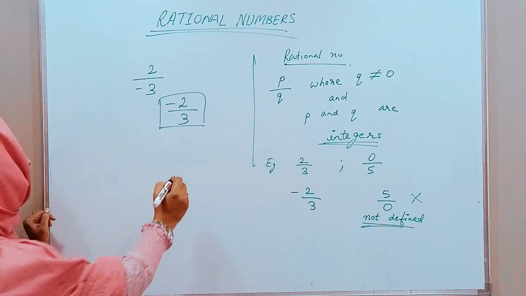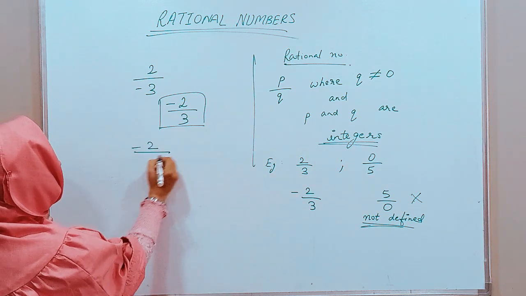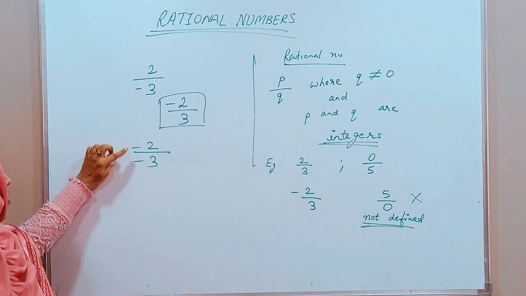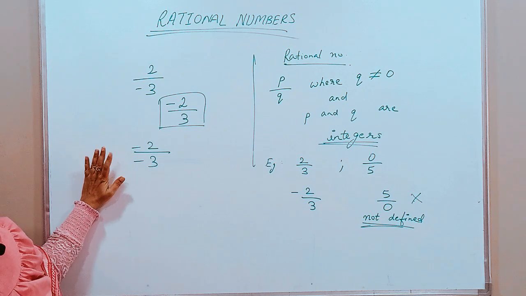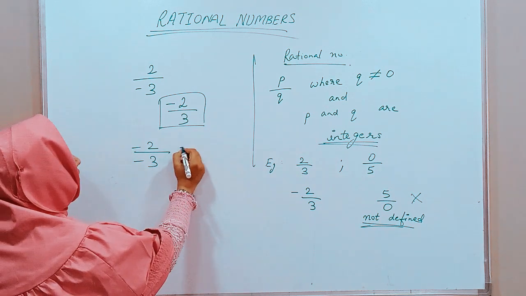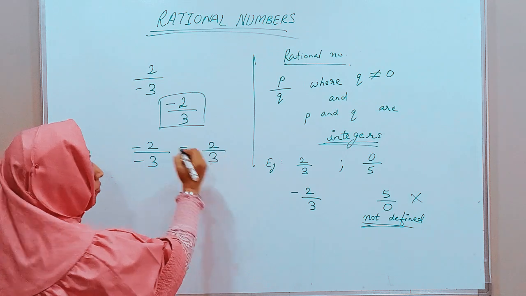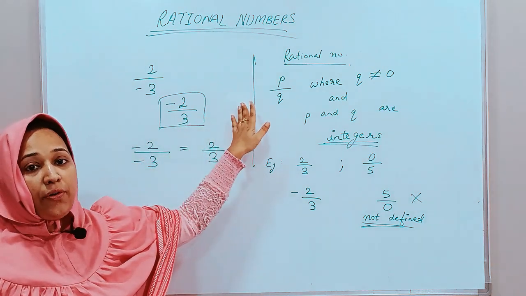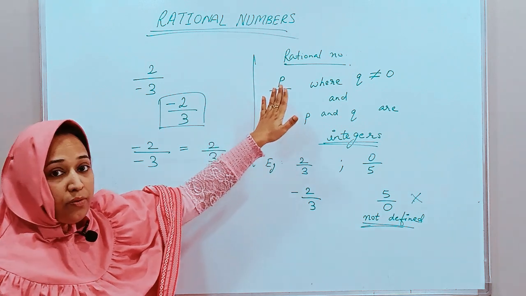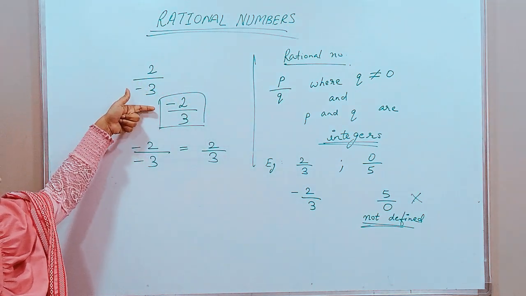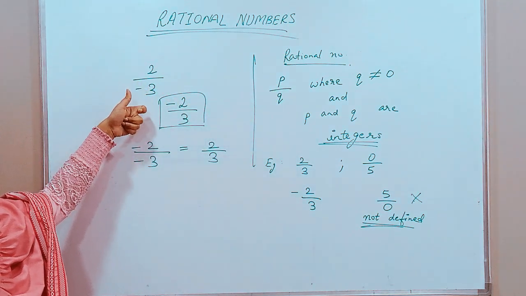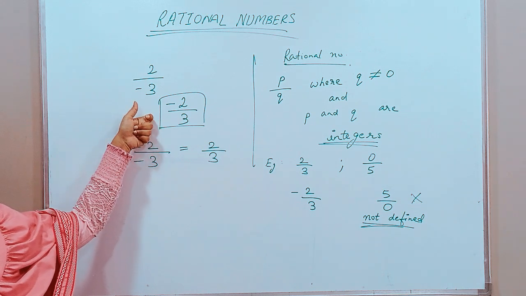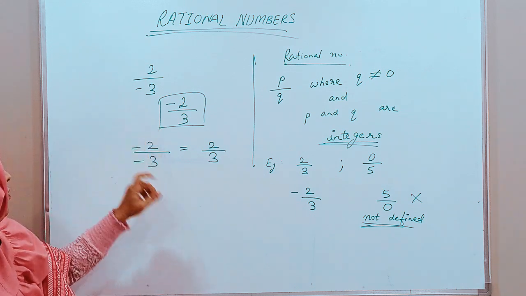If we have a number minus 2 upon minus 3, with a negative sign in numerator and denominator both, they are cancelled. So the standard form will become 2 upon 3. So for any rational number where one integer is negative and another integer is positive, the negative sign will always come in the numerator.